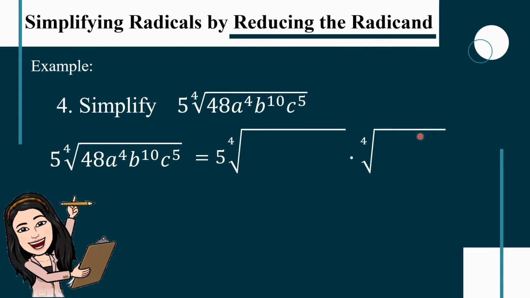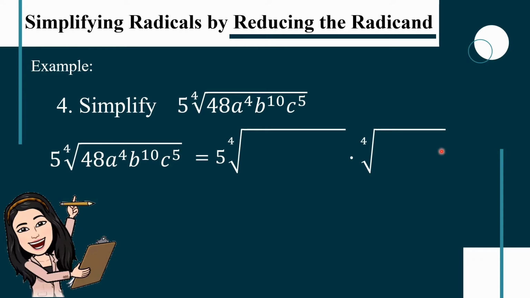So, here, let us take a look at our numerical coefficient, which is equal to 48. Let us think of factors ng 48 na kung saan ang isa ay perfect at ang isa ay hindi. By the way, perfect fourth root ba ang 48?